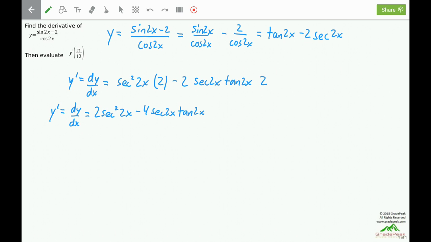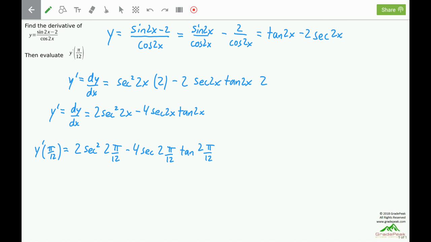The next thing to do is to evaluate y prime of pi over 12. Y prime of pi over 12 will be 2 times secant squared of 2 pi over 12 minus 4 secant of 2 times pi over 12, and then the tangent of 2 times pi over 12.